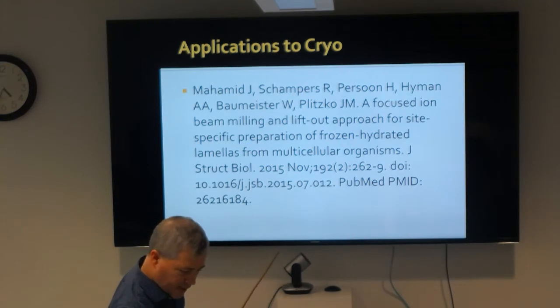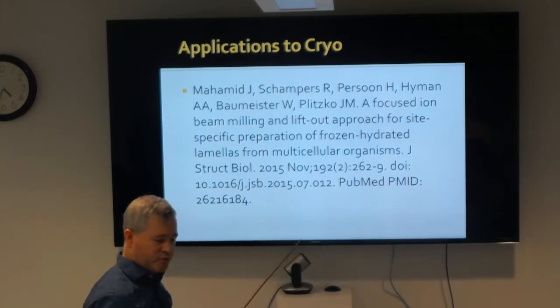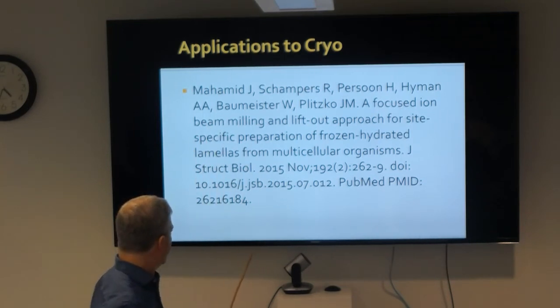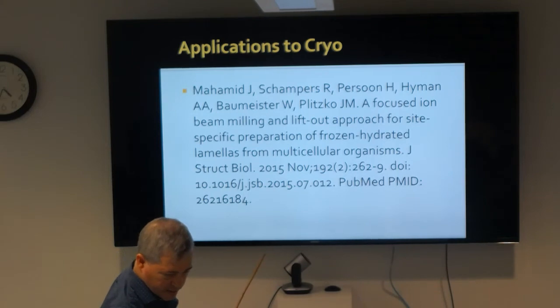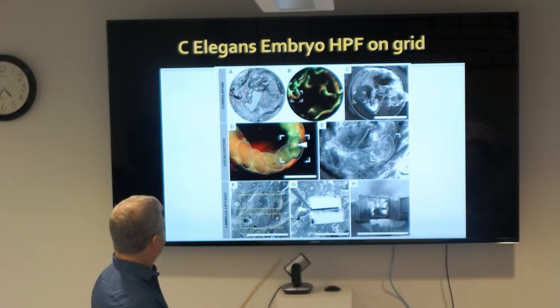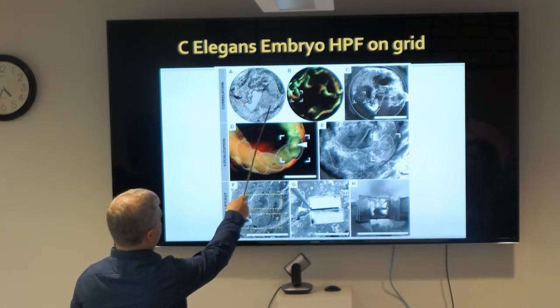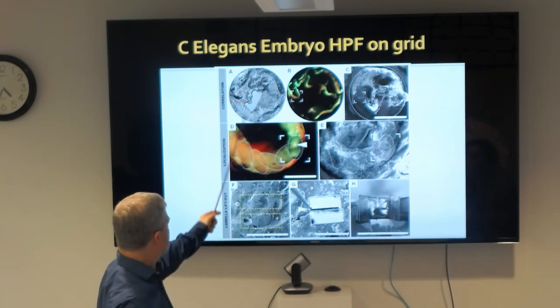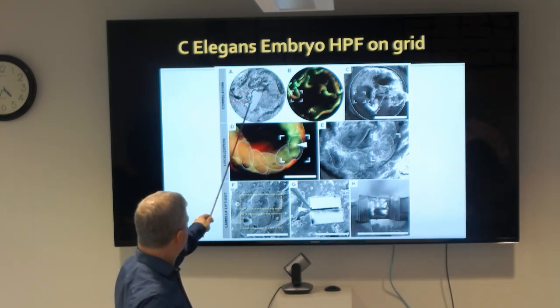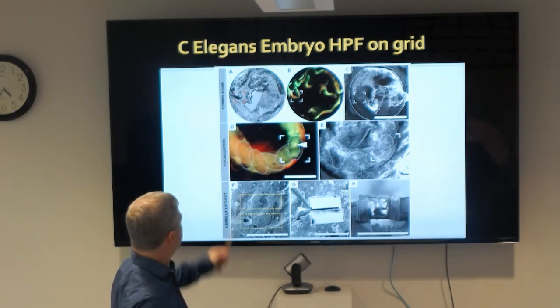And so there's been a couple of groups who are applying this to cryo. The first was Jürgen Plitzko's group, with Julia Muhammad being the main person doing that. And so she came out with a FIB milling and lift out approach for cryo work. They did that again on C. elegans tissue, where they managed to freeze C. elegans onto EM grids.